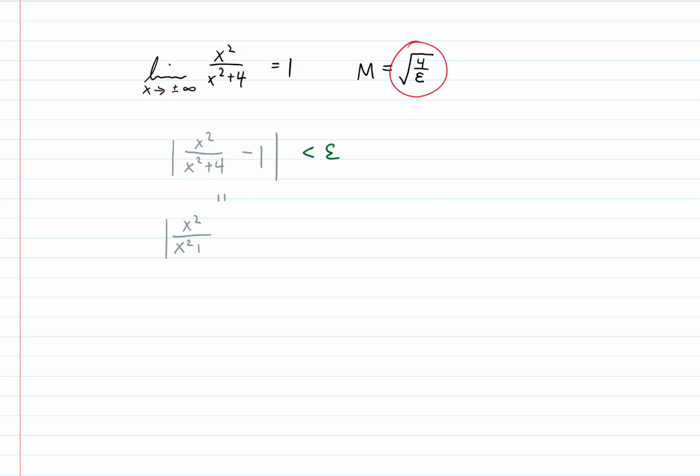I'm just going to try to simplify a bit. Okay? I want this to be less than epsilon. But that equals this.